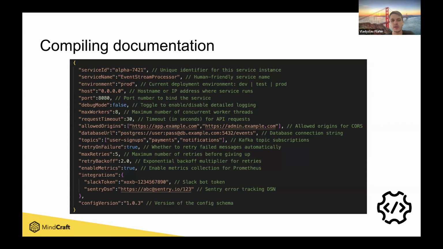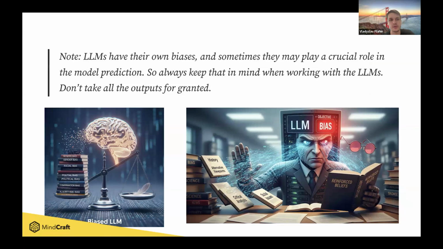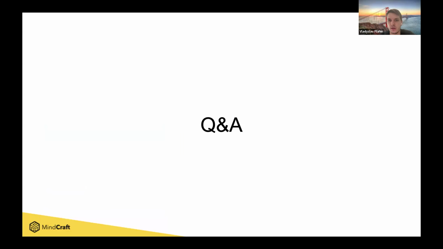It's pretty robust, and it also verifies that you always have the same models in the documentation and in the real pipeline. And last but not least, note that LLMs have their own biases, and sometimes they may play a crucial role in the model prediction. So always keep that in mind when working with LLMs, and don't take all the outputs for granted. Thanks for your attention, and now I can answer any questions if there are.